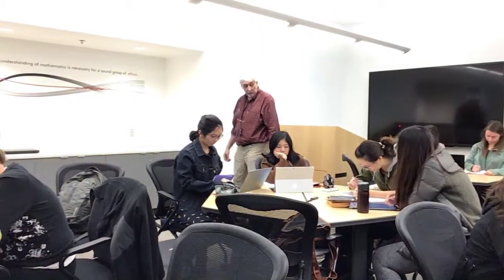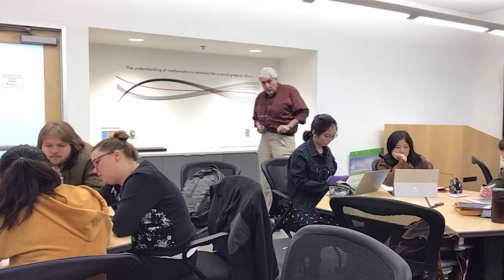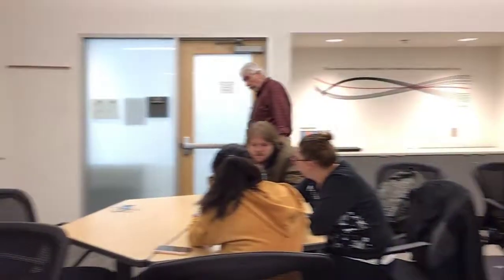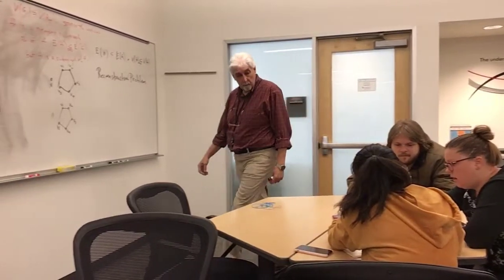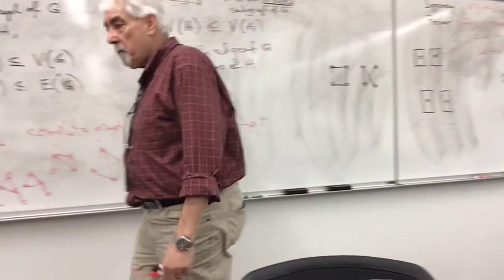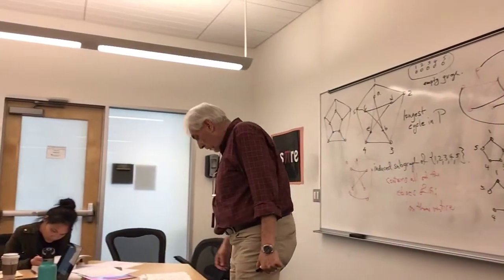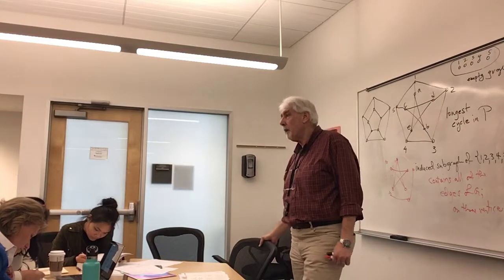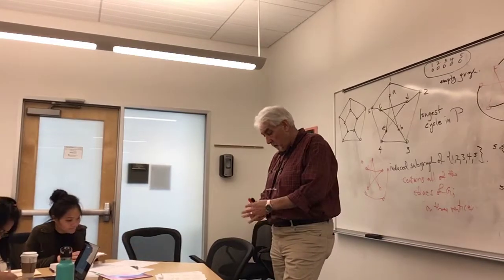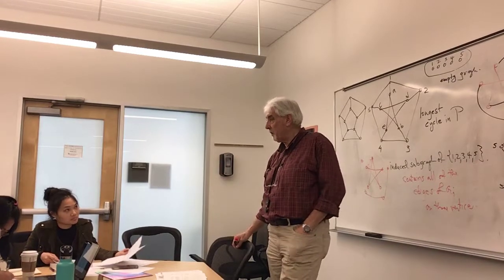We pretty much won't use that notation. By the way, if you tell me which ones are isomorphic, then you're also going to tell me which ones are not isomorphic and why.